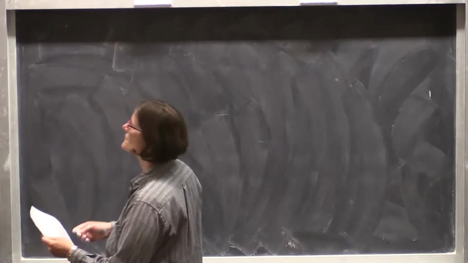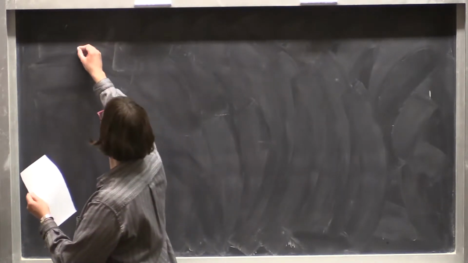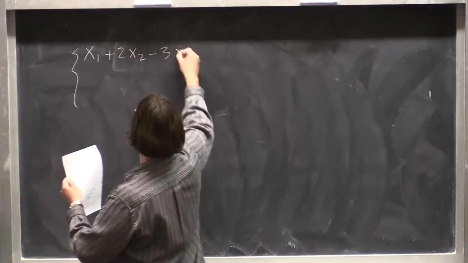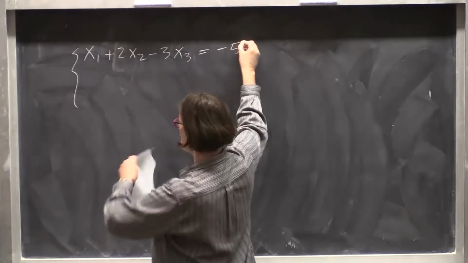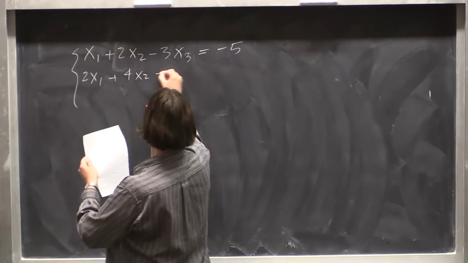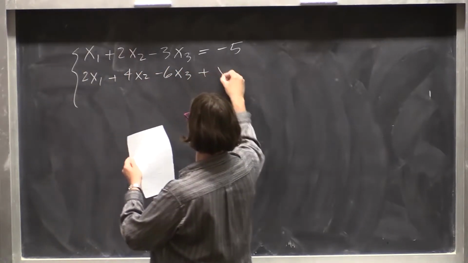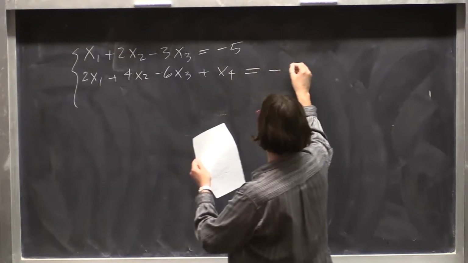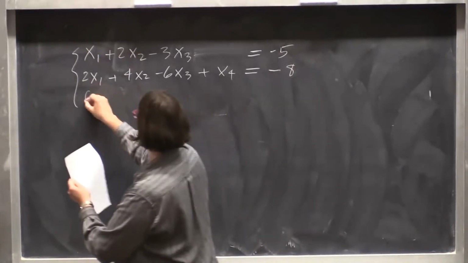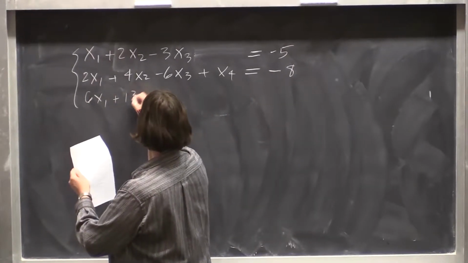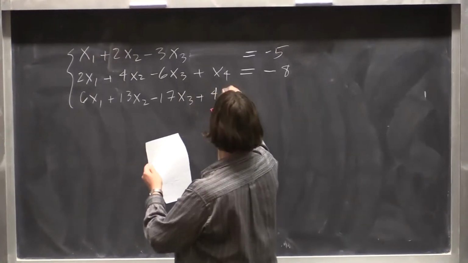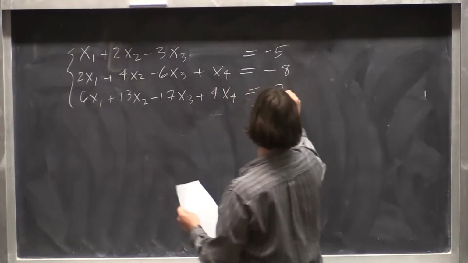So the original system was x1 plus 2x2 minus 3x3 equals minus 5. 2x1 plus 4x2 minus 6x3 plus x4 equals minus 8. 6x1 plus 13x2 minus 17x3 plus 4x4 equals minus 21.